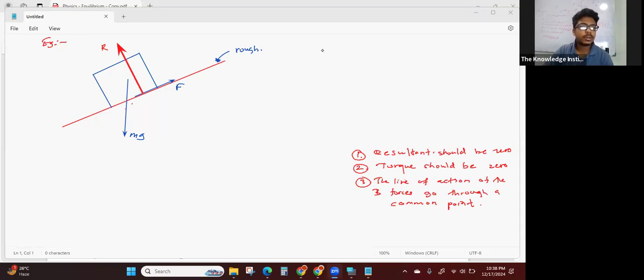Hirosh, your answer is wrong. Hirosh says this one should go through the center of gravity. That is also reasonable. Anyway, first tell me, the question I have kept here: is this one correct or wrong? How many of you say it's correct? If it's correct, say yes. If not, no. Please, each of you text in the chat, so then I can easily compare from here.